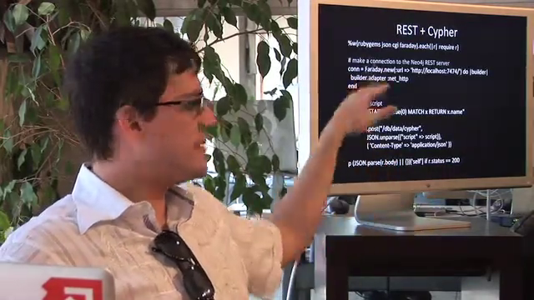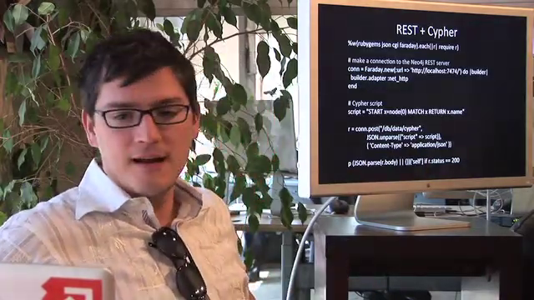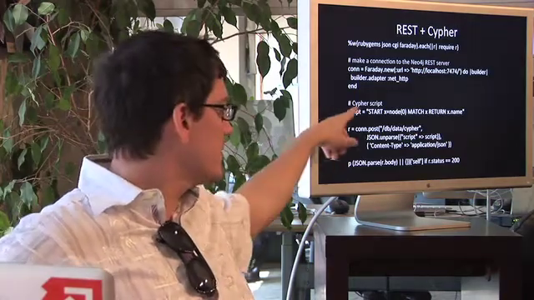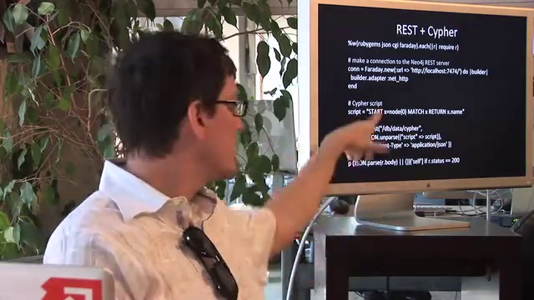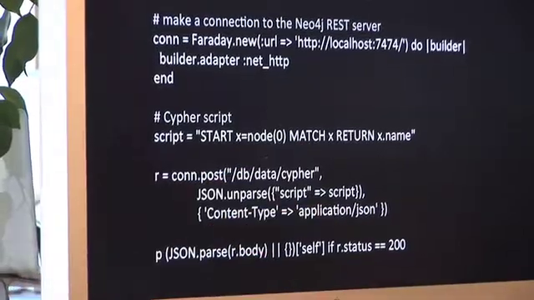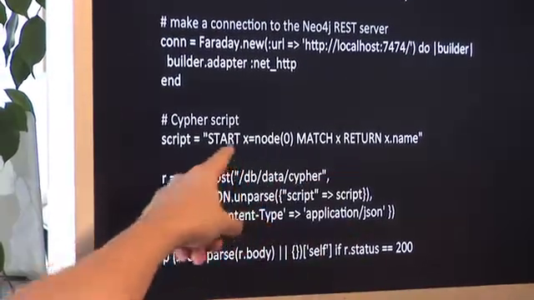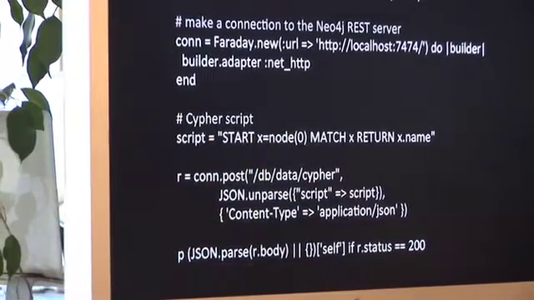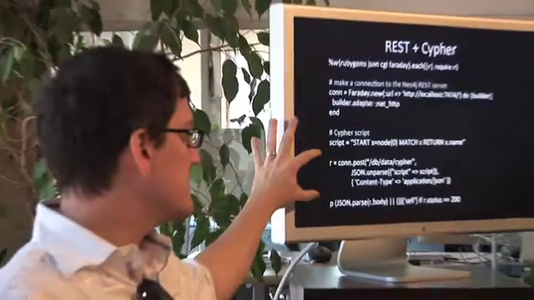So much so that there's this big project now called Cypher that you guys have been using for Thread, and this is what it looks like. Again, as I said, you query based on walking nodes. So you'd start at some node. This would be node 0. You return a value out of X. In this case, presuming that node 0 has a field name, this would return that, and then you just execute it as REST.